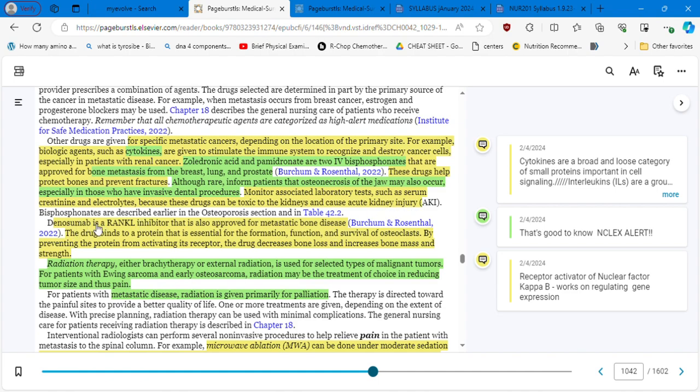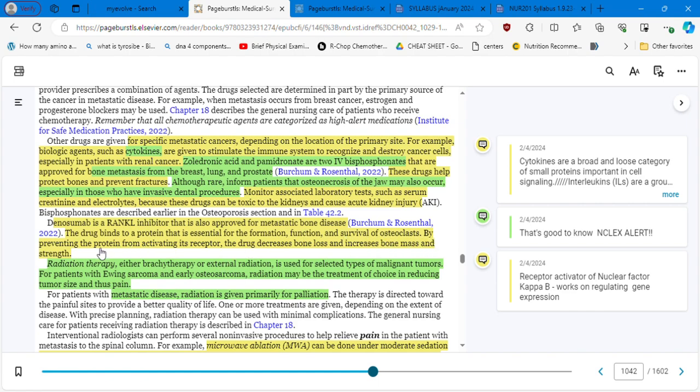Denosumab is a receptor activator of nuclear factor kappa B inhibitor that is also approved for metastatic bone disease, right? This type of medication works on regulating gene expression. It's going to tell the gene, take it easy. The drug binds to a protein that is essential for the formation, function, and survival of osteoclasts.